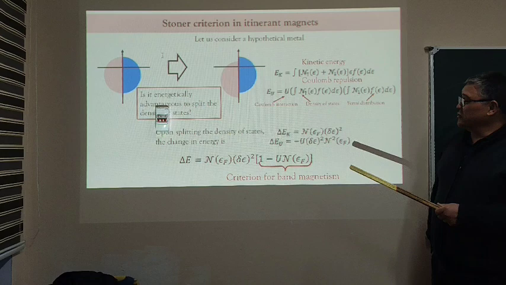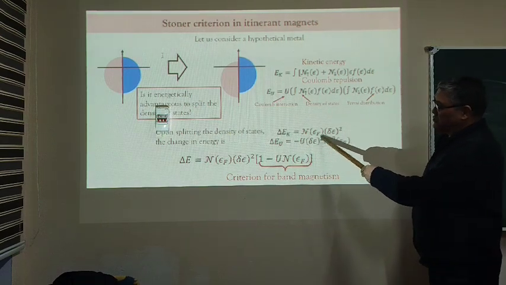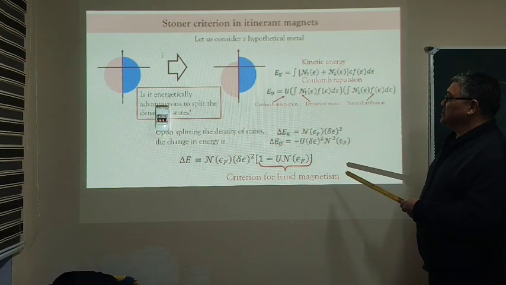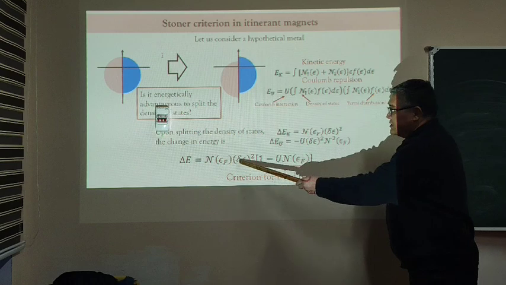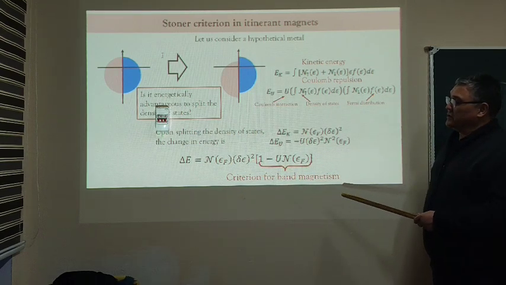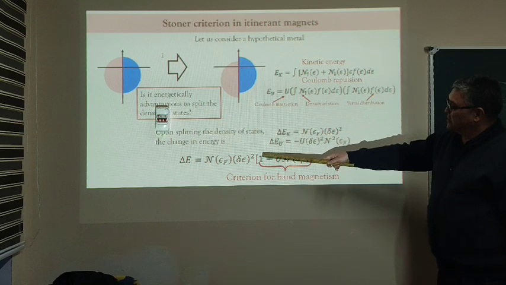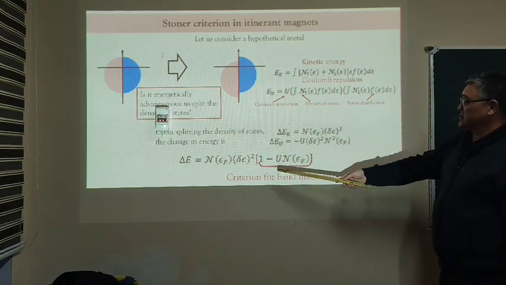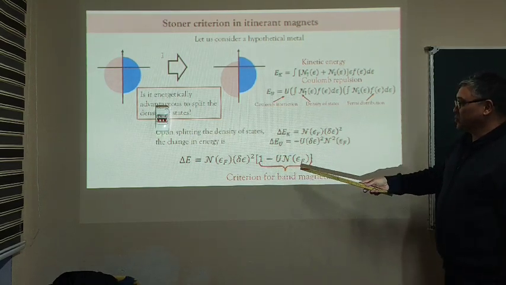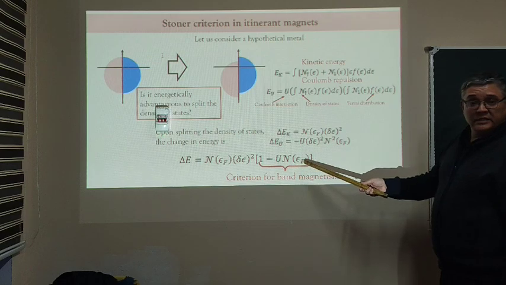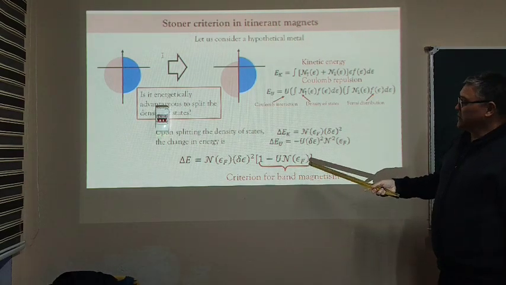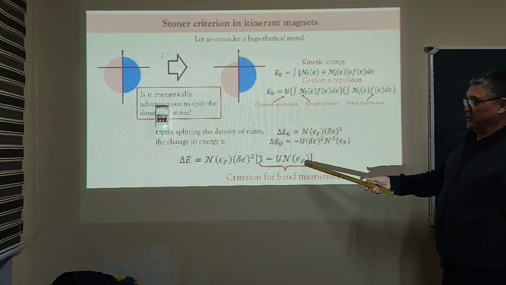Now the total change of energy will be just the sum of these two energy changes, and it is written here. Now we can see that in the square parentheses, we have the expression 1 minus U n(EF). n(EF) is just the number of states at Fermi energy.